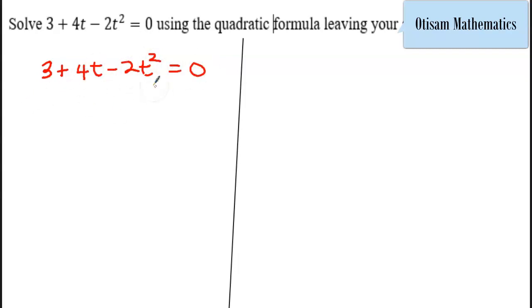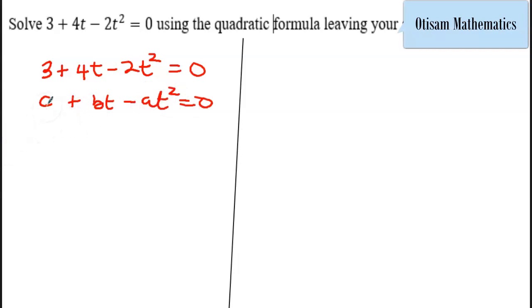to 0. So we compare it with our general equation, c plus bx minus ax squared, or we can let it be t. Since the equation is in t, we have c plus bt minus at squared equal to 0.